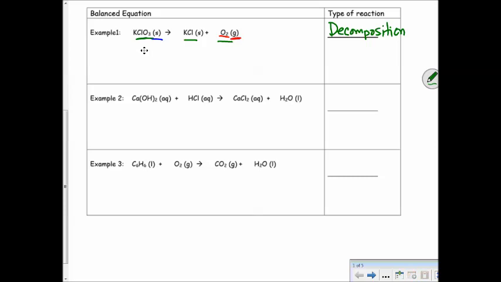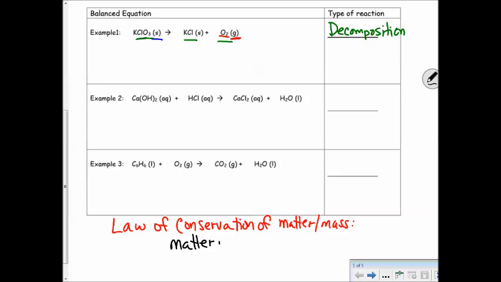Okay, so we have to follow the law of conservation of matter, which states that matter is neither created nor destroyed. It is just altered into new forms.